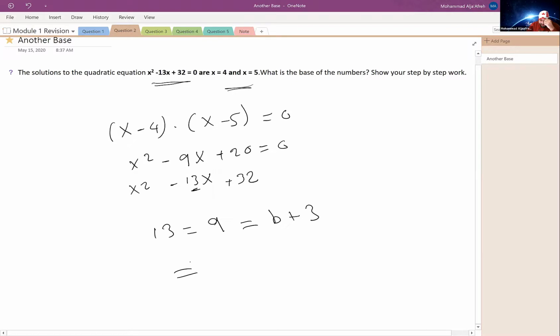So that means the base has to be equal to 9 minus 3, which is equal to 6. All right?